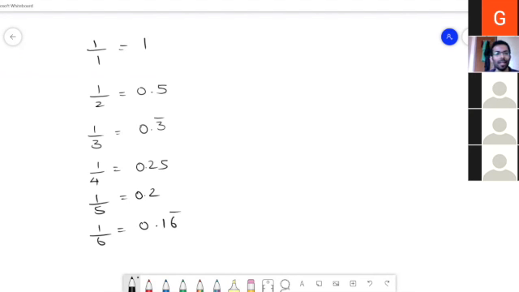Okay, so I'll just write 1 by 7 also. 0.142, 4, 5, 7, and 1. Okay, fine. And again, keep on computing this 1 by n.